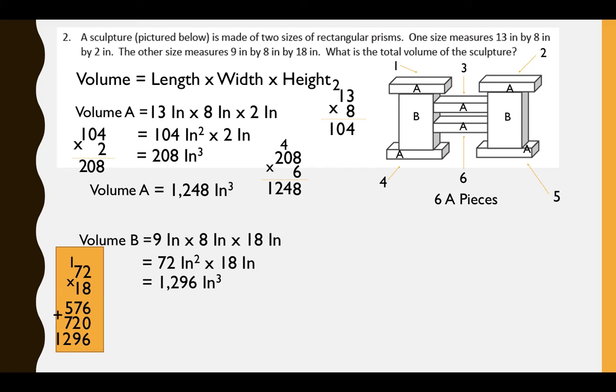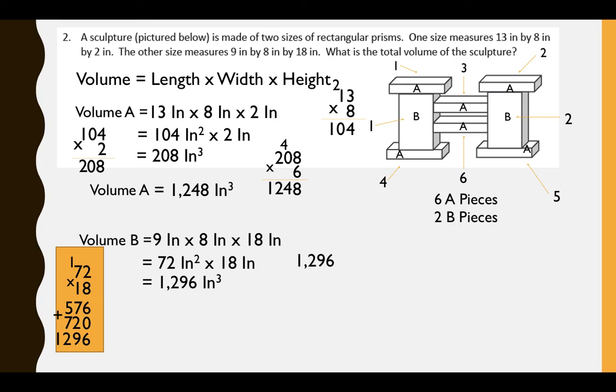But now I have to figure out how many figures that are labeled B there are. So I have 1 and I have 2. So I know there are 2 B pieces. So I need to take the volume I found of 1B and figure out how many 2 would be.